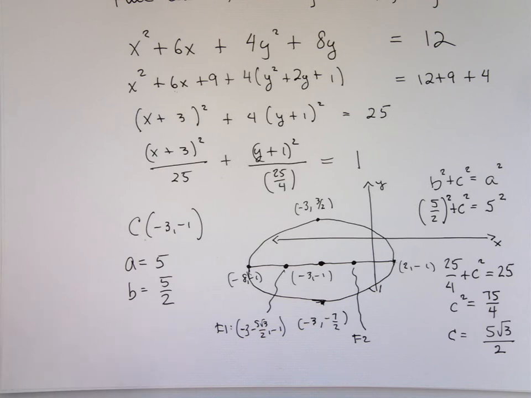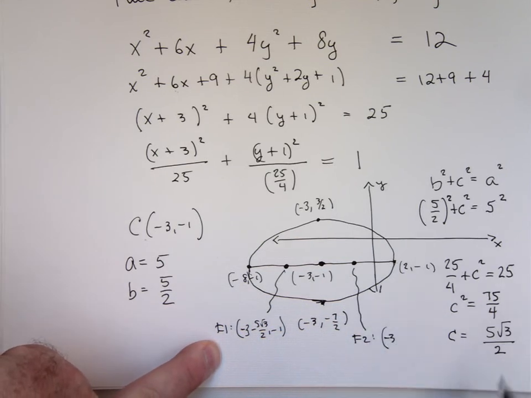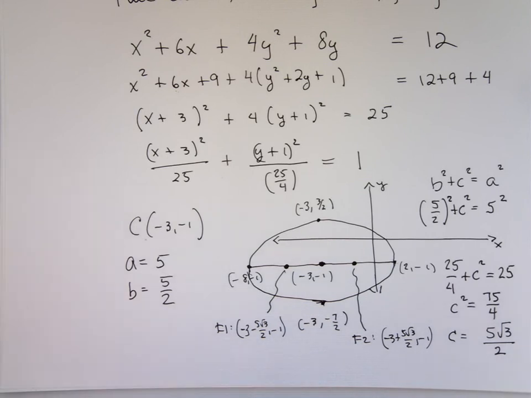And the other focus is -3 plus 5 square roots of 3 over 2, -1. Wow. I don't know, WebAssign may give you something like that too. Some of the answers in WebAssign are real messy, I know that.